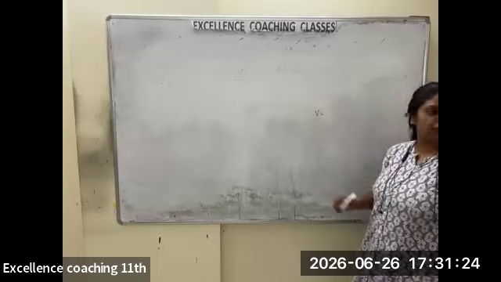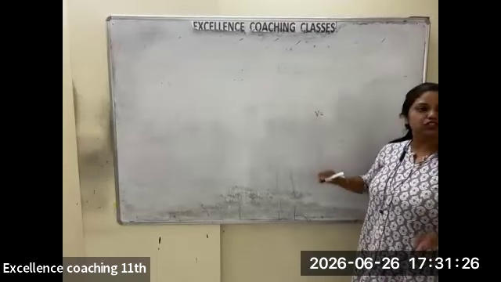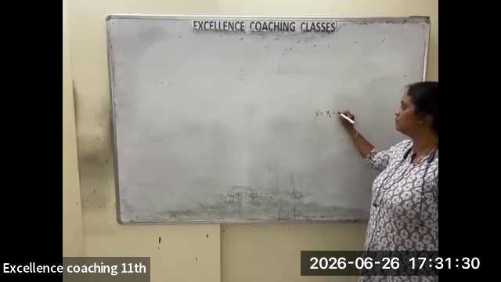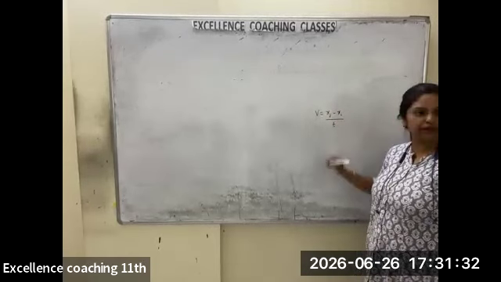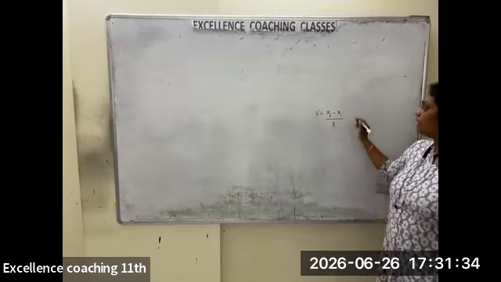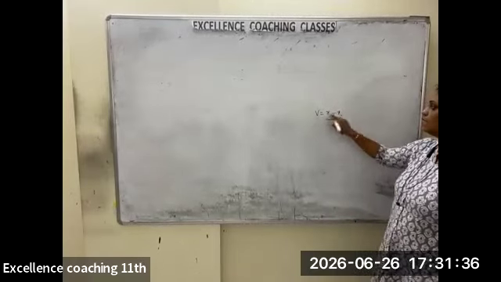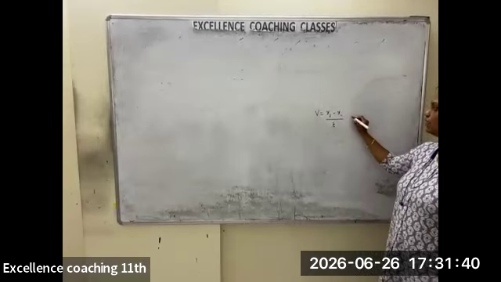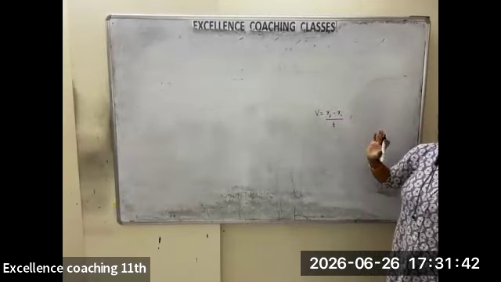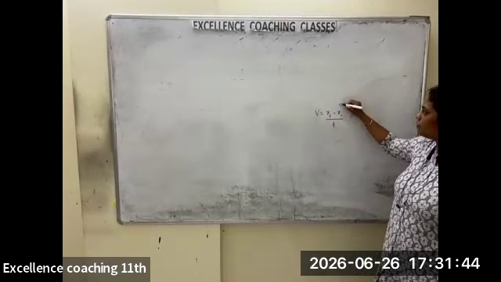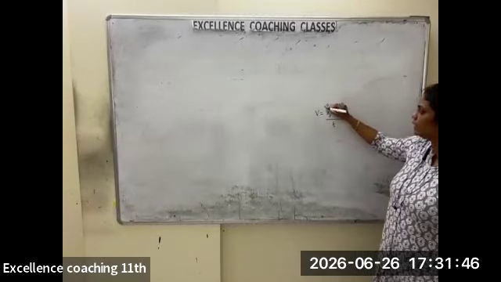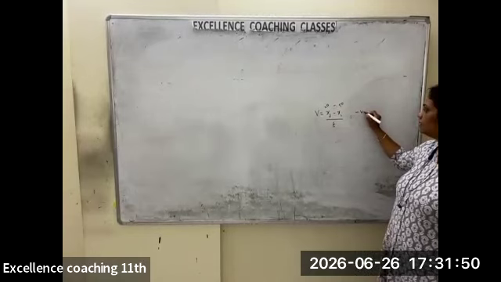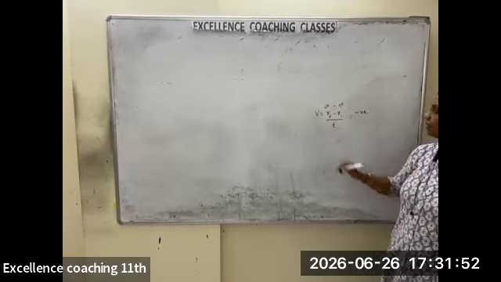See, what is the velocity formula? Change in displacement per unit time. That is, say for example, final displacement minus initial displacement upon time. When will you get negative velocity? Tell me. When will you get a negative value? If it is say 50 minus 20, what answer will come?